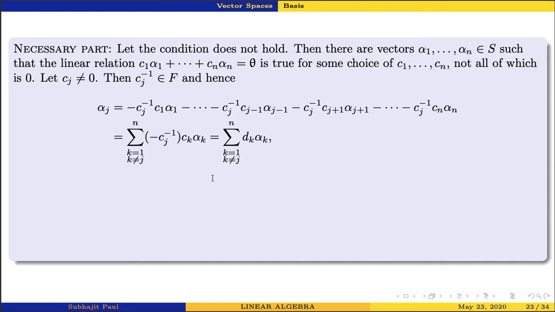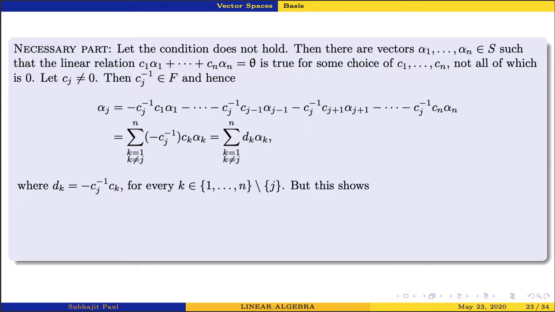I have just written this entire thing in summation notation: k runs from 1 to n, k not equal to j, Ck alpha k multiplied with minus Cj inverse. If you call this minus Cj inverse Ck as your dk, then this summation is sigma dk alpha k, where k runs from 1 to n, and definitely k is not equal to j.